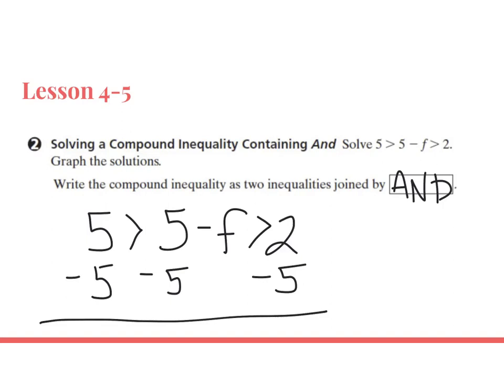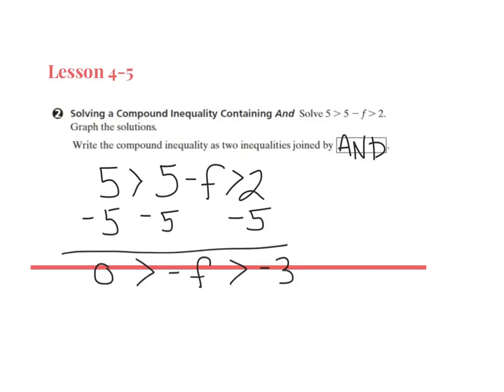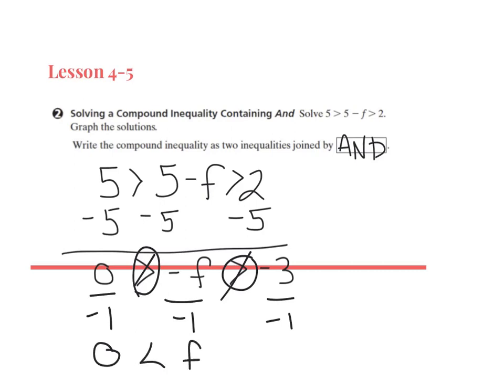So I'm subtracting 5 from everything, and I'm left with 0 is greater than -f, which is greater than -3. Okay, get where I'm going here? Now what I want to do is divide everything by a -1. And again, bells should be going off, right? And we're going to flip those around, okay? So I'm left with 0 is less than f, which is less than 3.